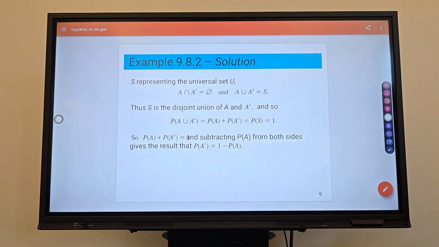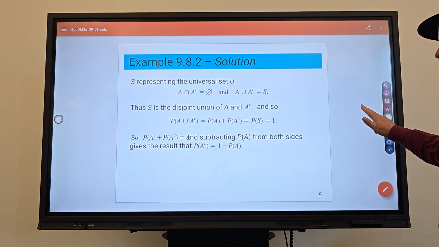So the probability of the union of A and the complement of A is the probability of A plus the probability of the complement of A, which is equal to the probability of S, which equals 1. So the probability of A plus the probability of the complement of A is equal to 1, and subtracting the probability of A from both sides gives the result that the probability of the complement of A is equal to 1 minus the probability of A.